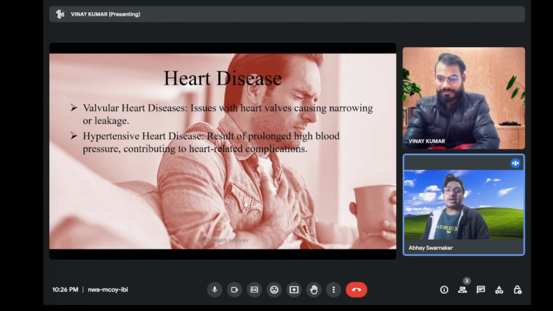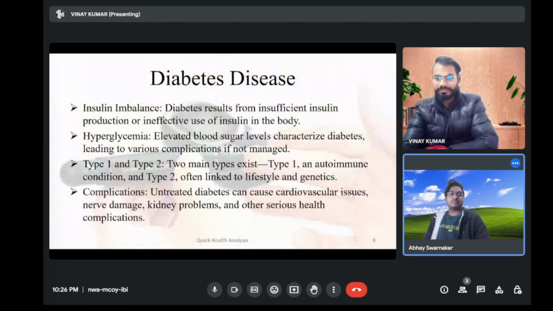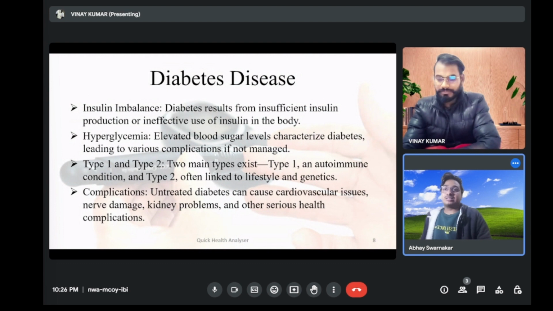The second disease is diabetes. Diabetes is basically an insulin imbalance. It results from insufficient insulin production or not effectively using the insulin in the body. The blood sugar level is characteristic of diabetes, leading to various complications if not managed. There are two types: type 1 and type 2. Type 1 has fluctuating insulin levels.